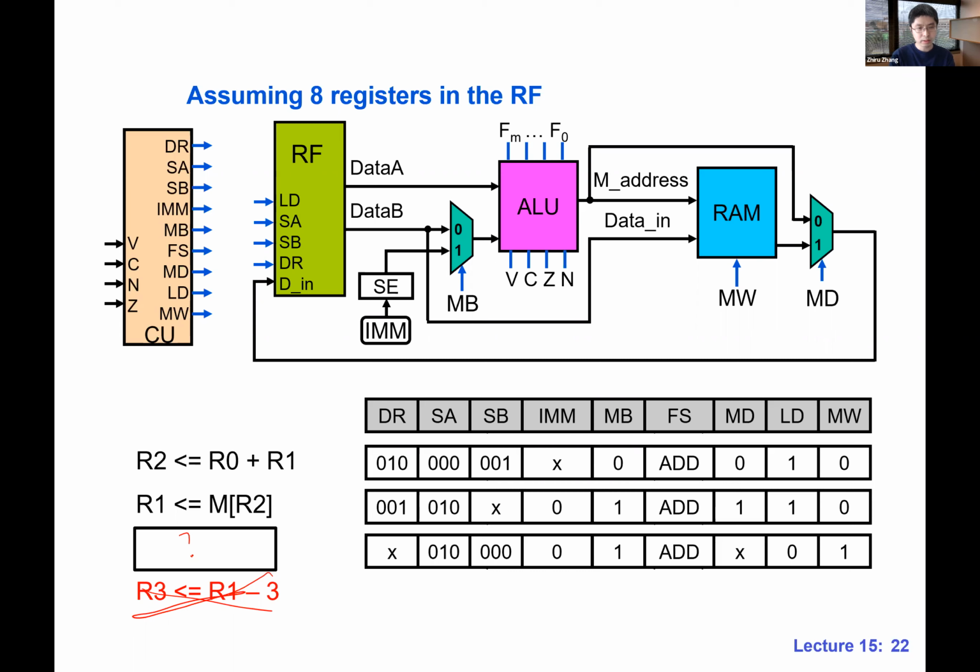My question is, given the control word on the right, can you tell me the corresponding instruction? I'll start the countdown now. I'll let you know when to raise hand. All right, please go for it. If you have an answer, raise your hand.